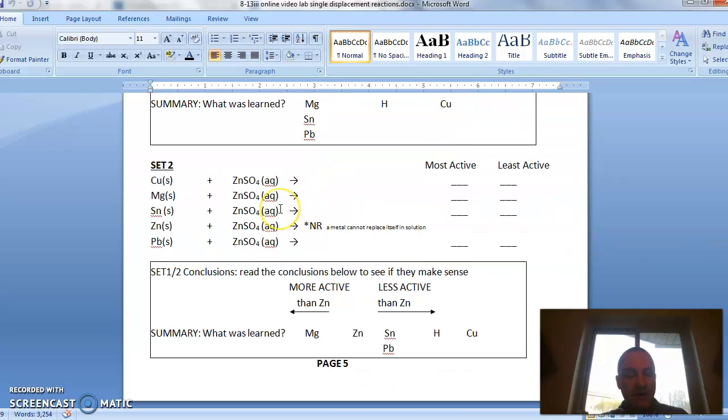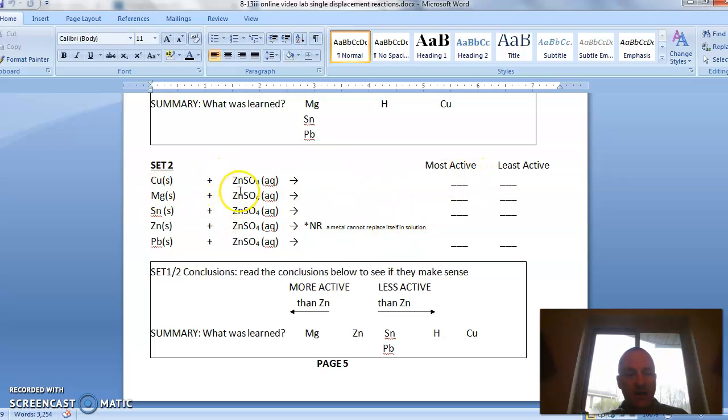You'll do the same thing for the set of reactions too. If no reaction happened, you write an NR there. If no reaction happened in any of these other ones, you would write an NR there. And then you would decide which is more active. If the metal reacts with the solution, the metal's more active than the metal that was in solution.